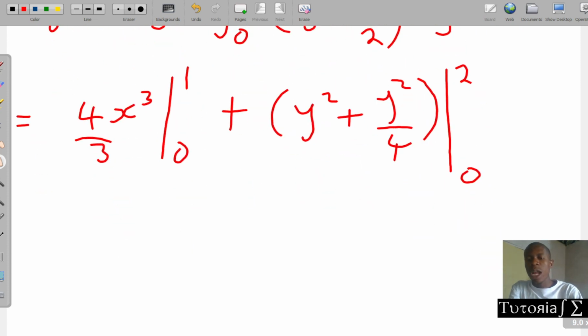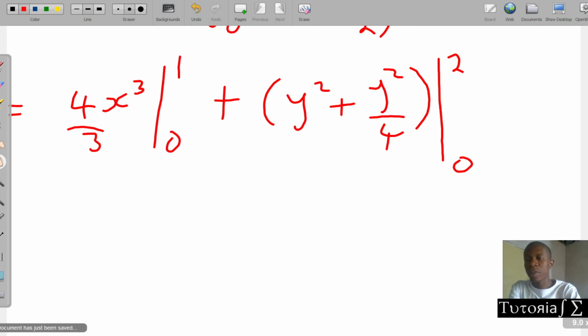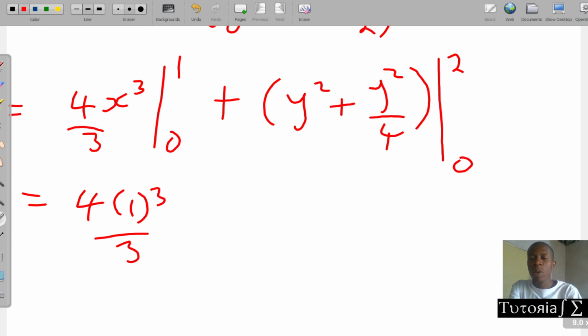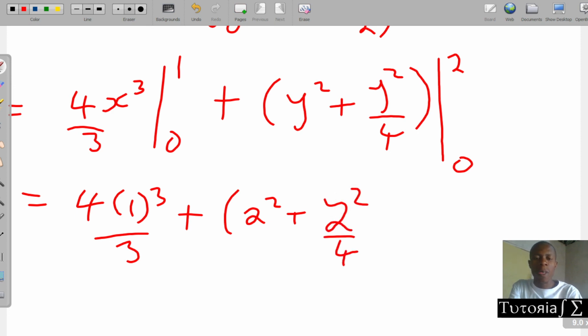Now this can be written as 4 when we replace the upper limits, then 1 to the power 3 over 3. When we replace the lower limits, everything will be 0, so there is no need to show that. Plus, replacing the upper limits here, we have 2 to the power 2 plus 2 to the power 2 over 4.